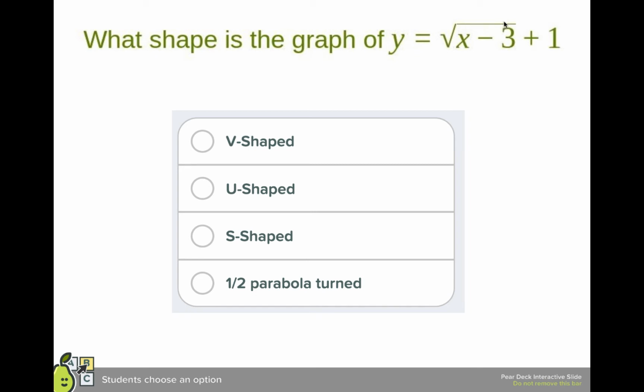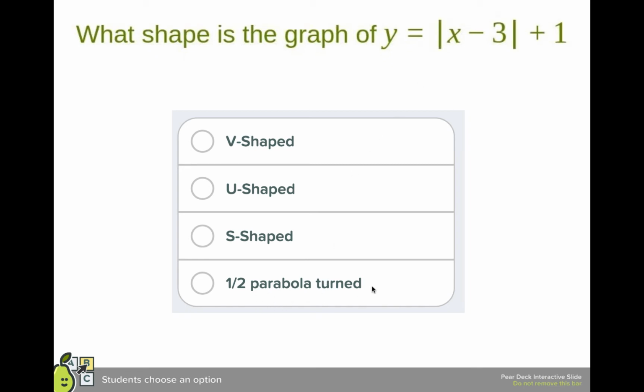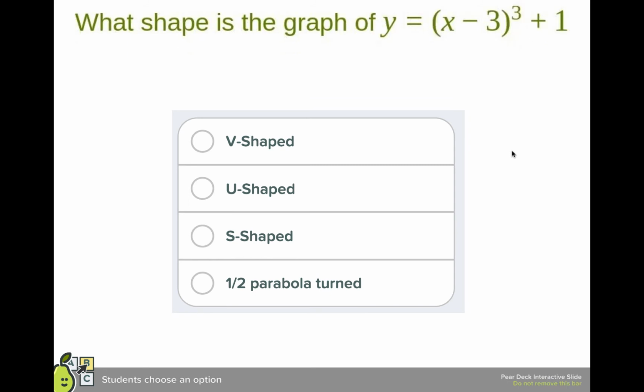All right, the square root symbol tells you it's a half parabola turned. All right, the next one, what shape is y equals the absolute value of x minus 3 plus 1? That would be a V-shaped graph. Absolute value is the V shape. And then what about y equals x minus 3 cubed plus 1? Okay, cubed is S-shaped. Very good.